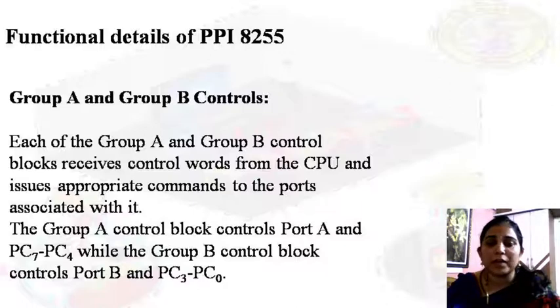As we have already discussed, the group A control block controls port A and port C upper, which consists of the 4th bit to the 7th bit of port C, while the group B control block controls port B and port C lower, that is the 0th bit to the 3rd bit of port C.